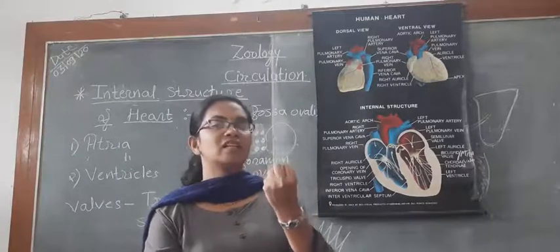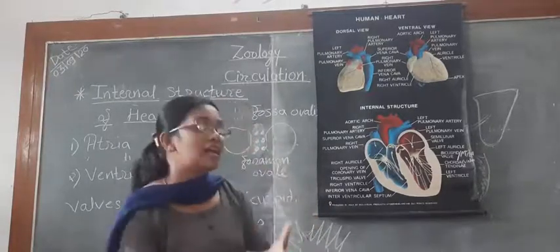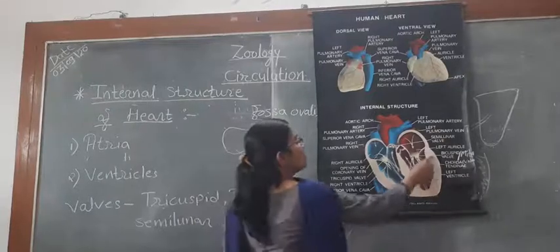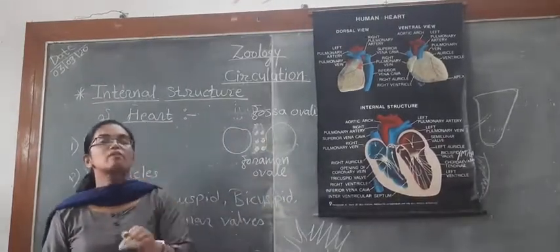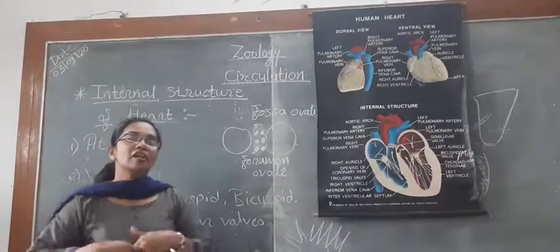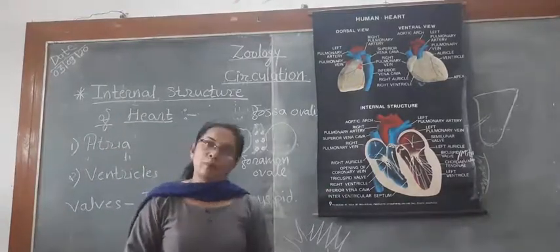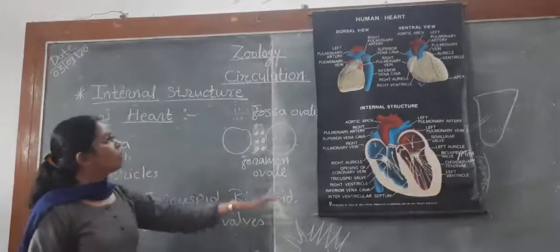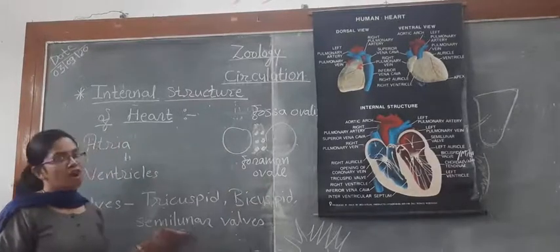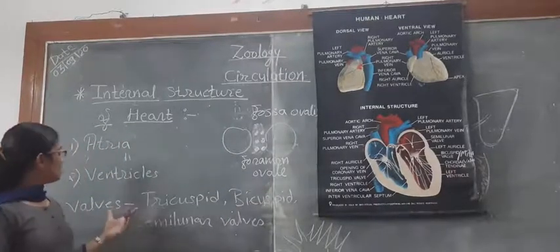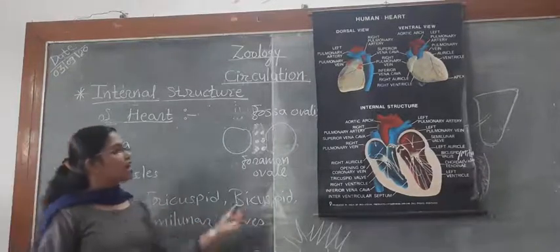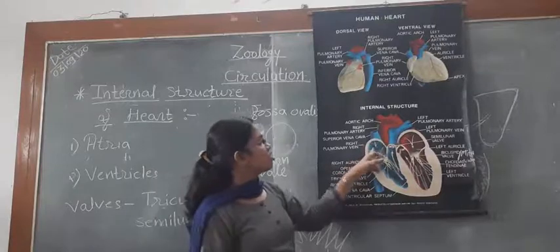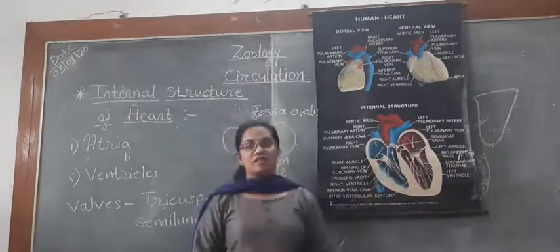The pumping is nothing but contraction and relaxation, and that's why the left ventricle has the thickest wall, because it pumps the oxygenated blood and circulates it throughout the body. So this is about the internal structure of the heart. There are 4 valves, tricuspid, bicuspid, semilunars, and these 2, Eustachian and Thebesian. Thank you.